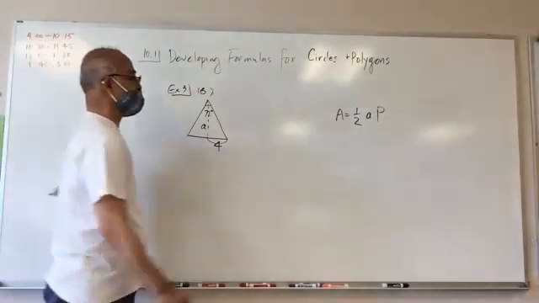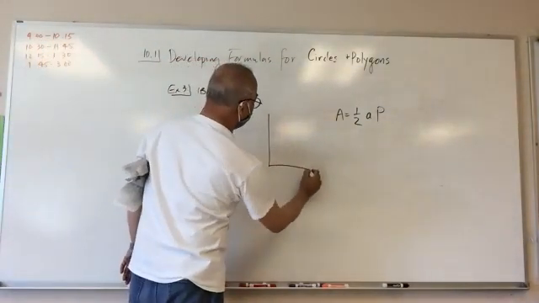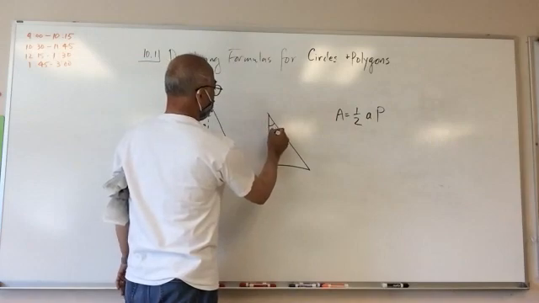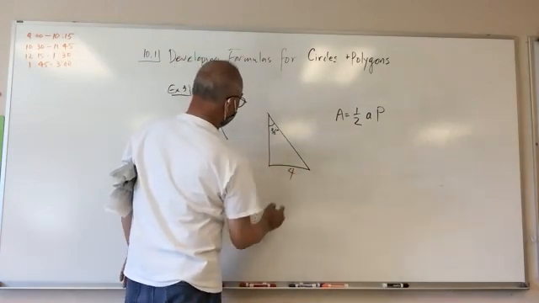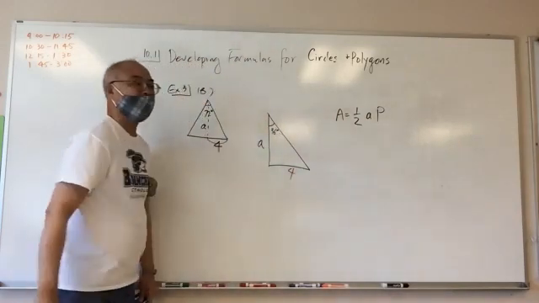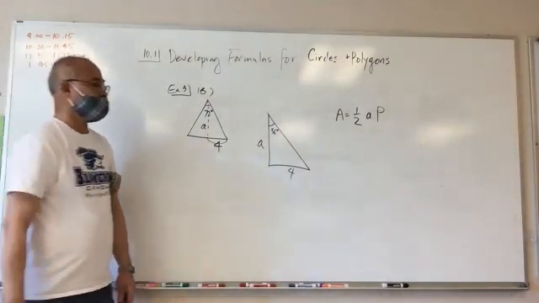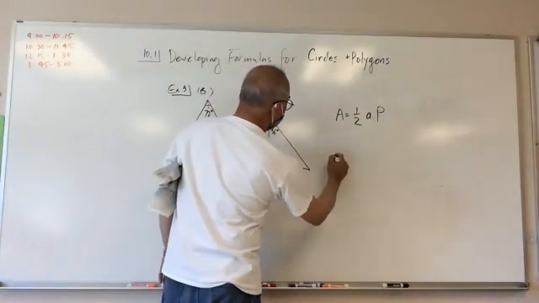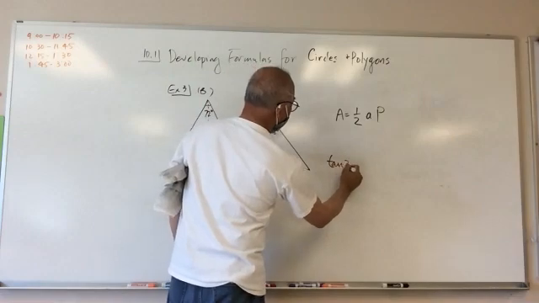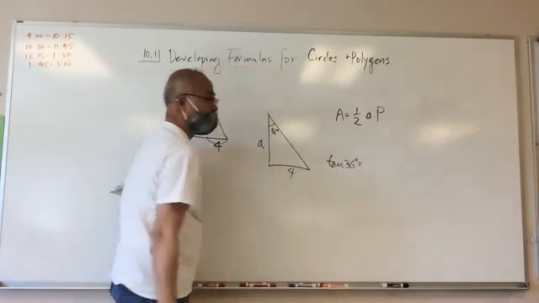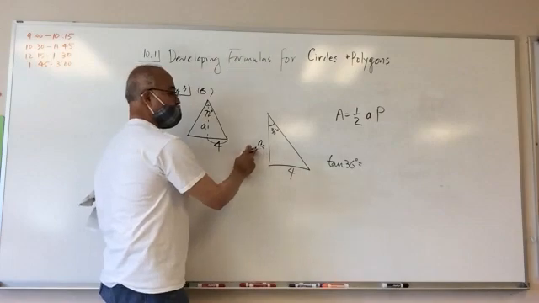So this is where it gets a little dicey. 36, 4, you're trying to find A. Right? Tangent of 36 is the opposite over the adjacent.